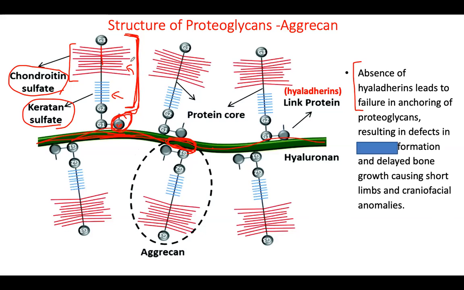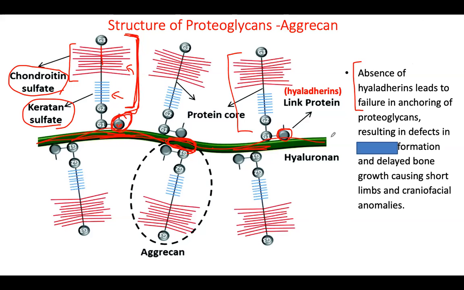Sorry, I lost my train of thought. The reason they want you to know about that is if I don't have my link proteins, I'm not going to be able to connect my proteoglycan onto my hyaluronic acid, and so I'm not going to be able to form the aggrecan properly. I told you that aggrecans are found mostly in a specific kind of tissue.